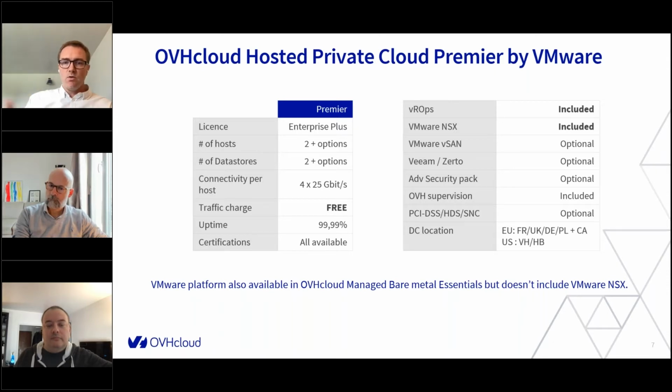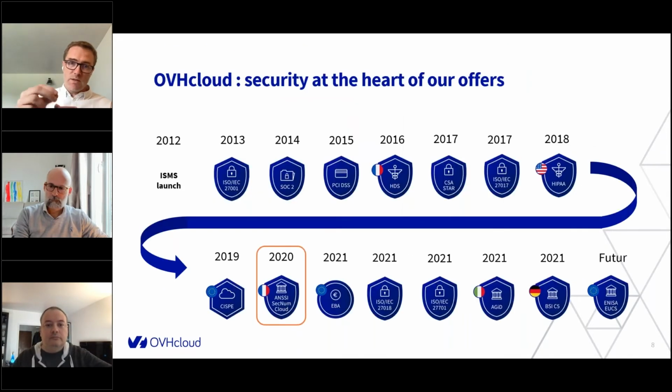You will also have options available, for example the security pack or the VM backup, Zerto, etc. So you have all the packages to build and customize as you need for your platform. And NSX is really something included in this package, and you can build a lot of things to improve the security of your platform. So the goal of today and the next slides will be to go deeper into this topic.